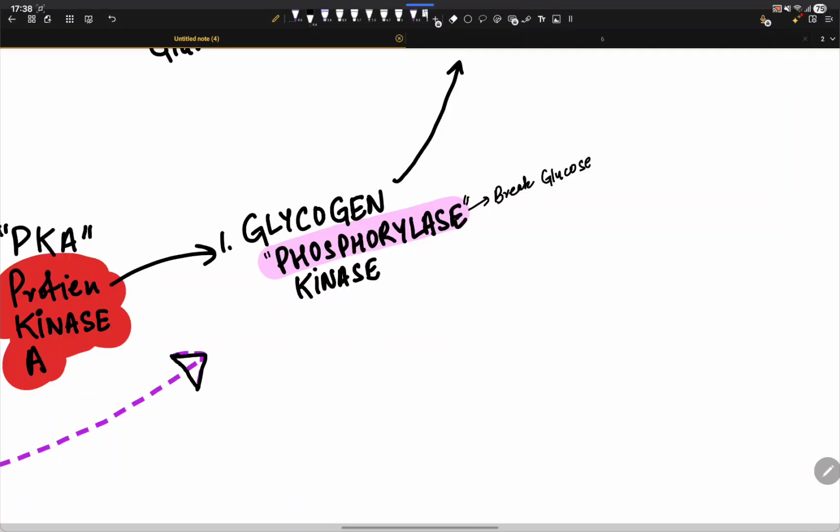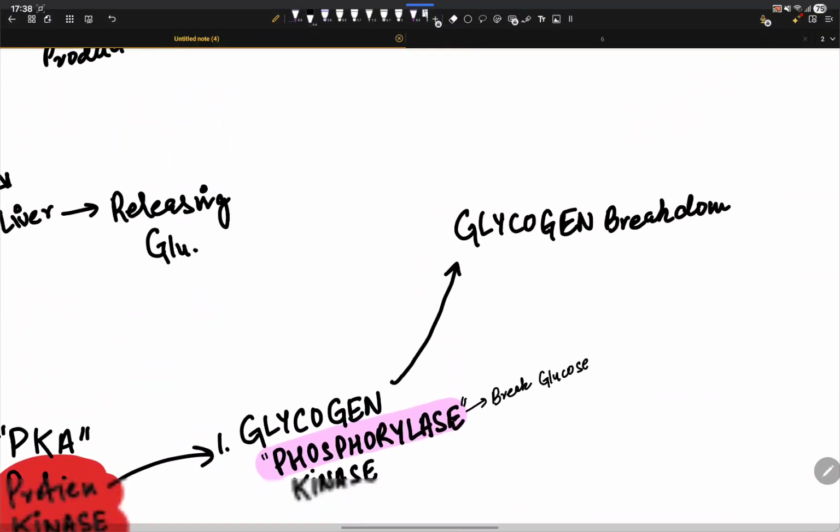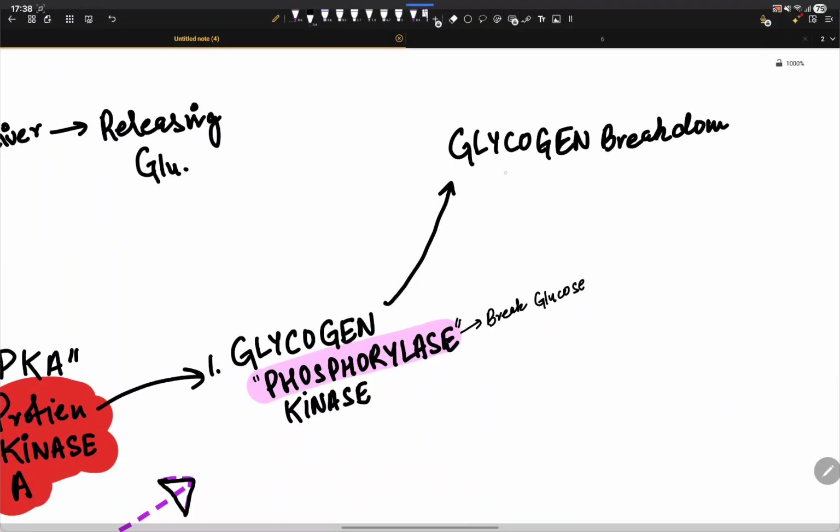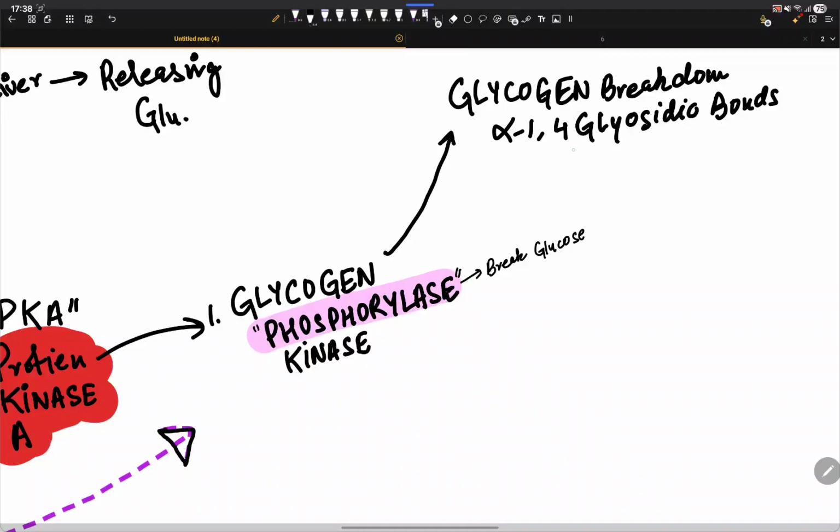It removes the glucose residue from glycogen by breaking the alpha 1,4 glycosidic bonds. Let me write it down. Glycosidic bonds. Through what? Through phosphorylase.